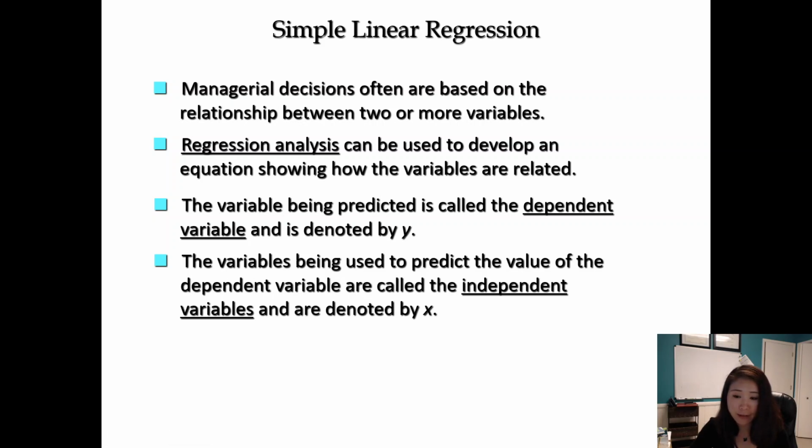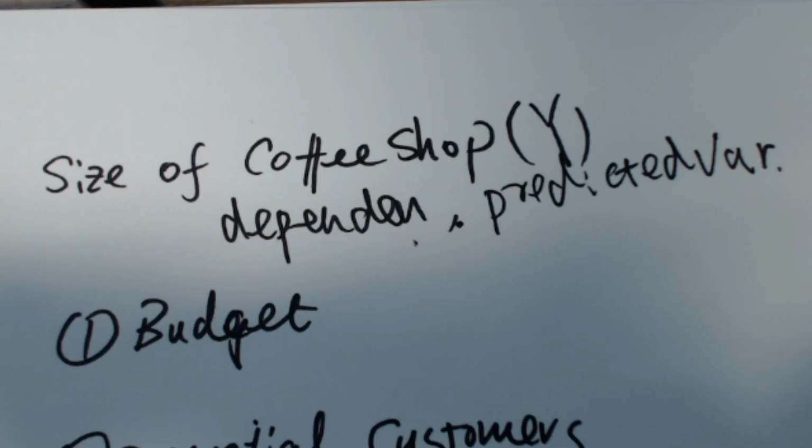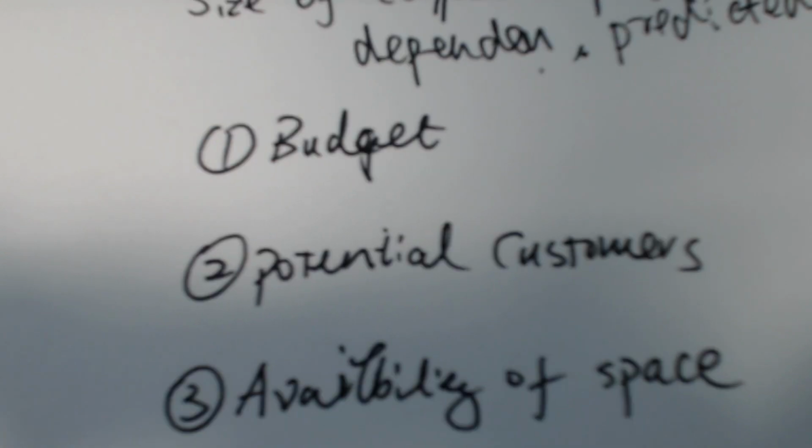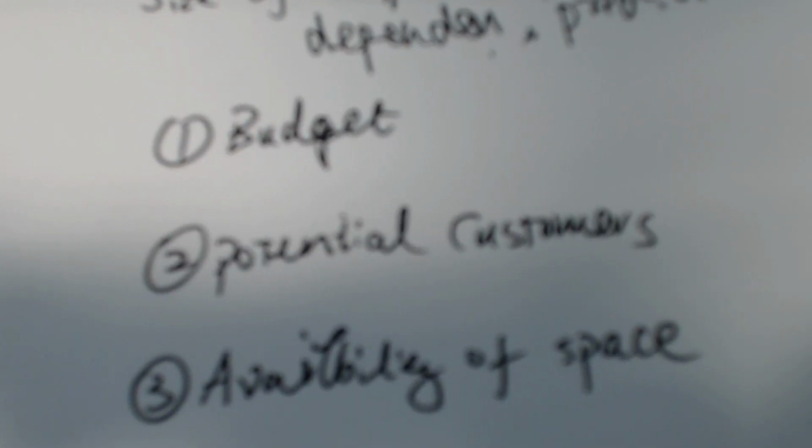If we look at the coffee shop case again, we identify that the size of the coffee shop is y, because we try to predict what the size is going to be if I want to run a coffee shop. Then we are thinking maybe the budget, the potential customers, and the availability of space.